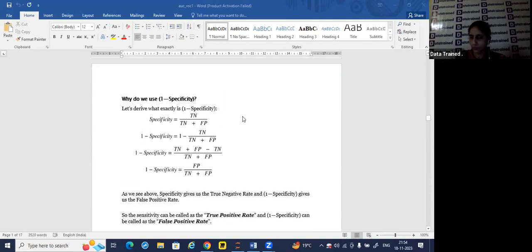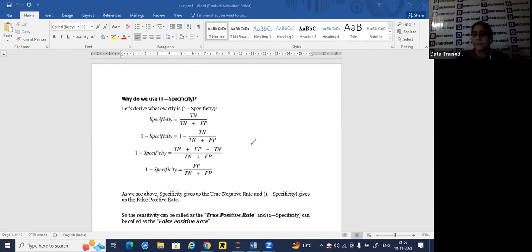So all these formulas are working. We call sensitivity, which is recall, the true positive rate also. And 1 minus specificity is also known as the false positive rate.